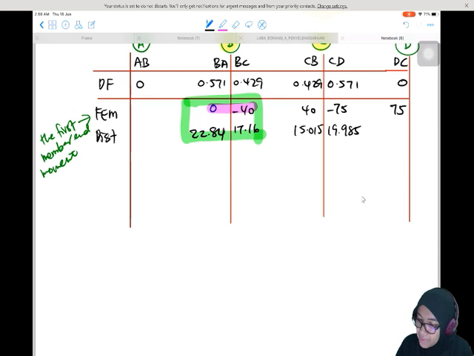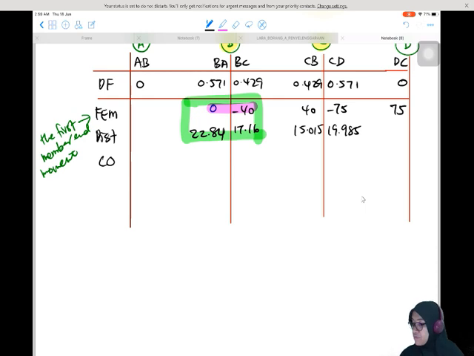So we multiply the moment value by the carryover factor.